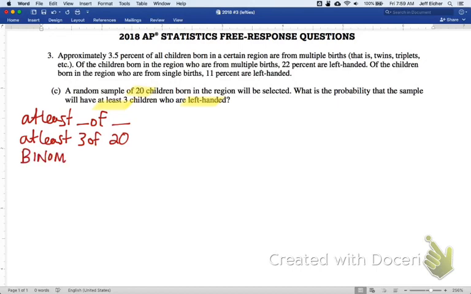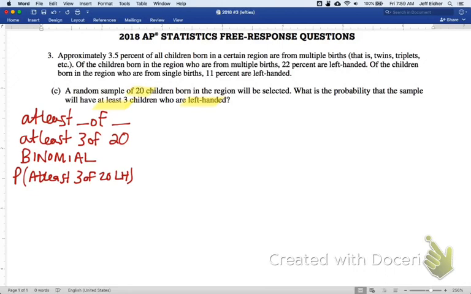Maybe not even a clue, maybe just like yelling at you that, hey, I'm binomial and I want to be seen too. I want to be heard. So at least 3 of 20. So we need the probability, well, let me put the at least in there. Probability at least 3 of 20 are left-handed.